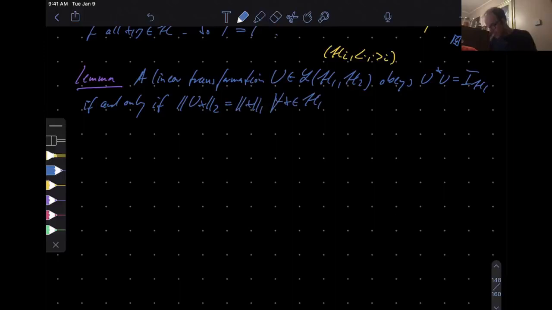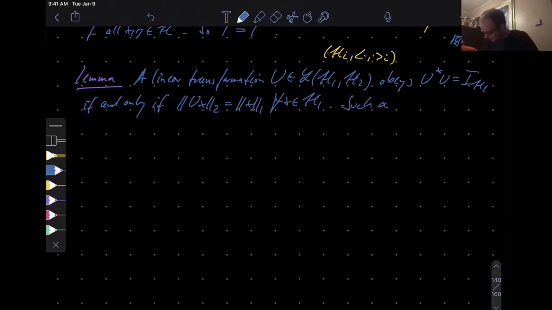This should not come as a surprise, at least from linear algebra, because unitary or orthogonal transformations have geometrical meaning in that, for instance, they correspond to rotations, and rotations are isometries. That's precisely what this property says here, that U is an isometry, right?